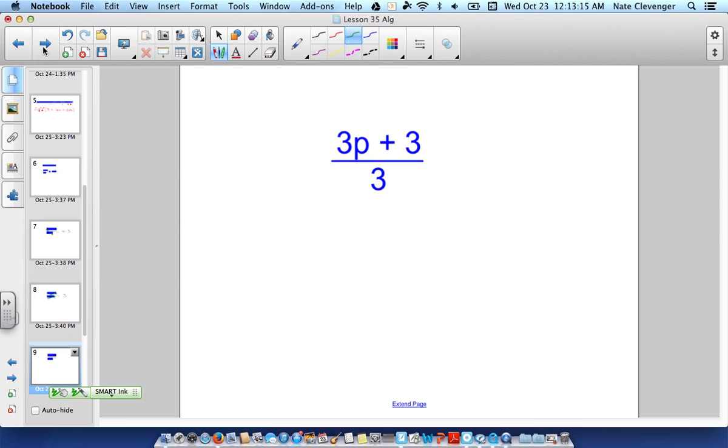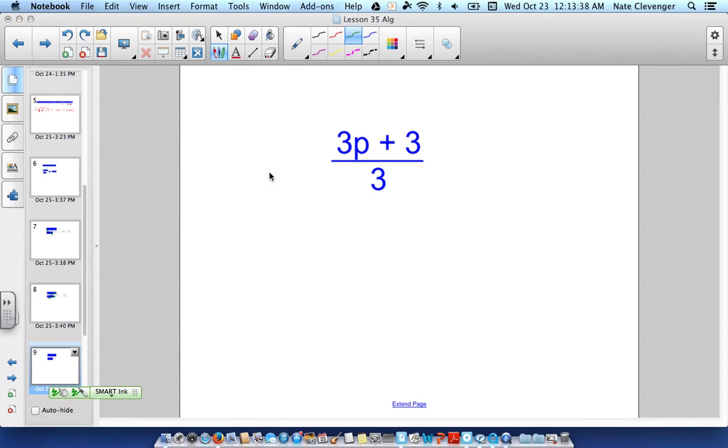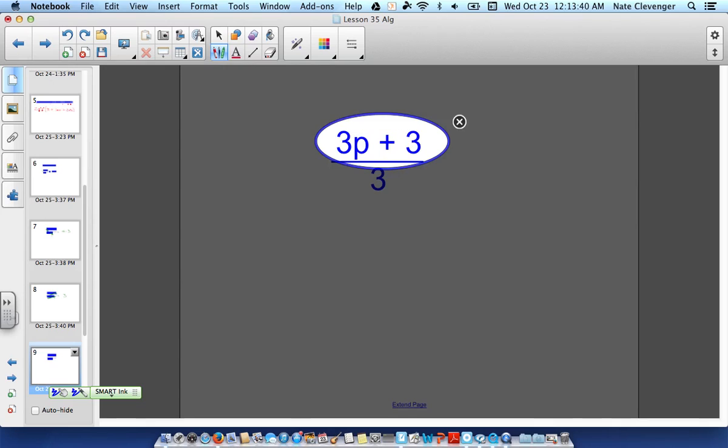I just went over the fact that we can't take 3 over 3 and divide it, or reduce it. However, we did earlier in this lesson discuss factoring the greatest common factor. So if we look simply at this part on top, the 3p plus 3, the greatest common factor in that is 3, which is in some ways coincidental to the fact that the denominator is 3, but don't worry about that.